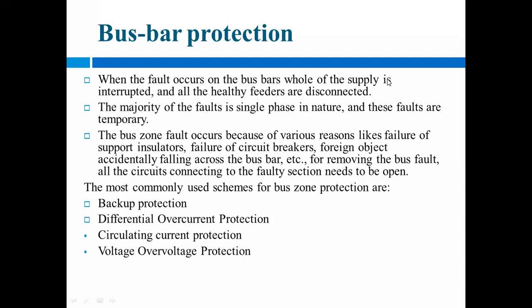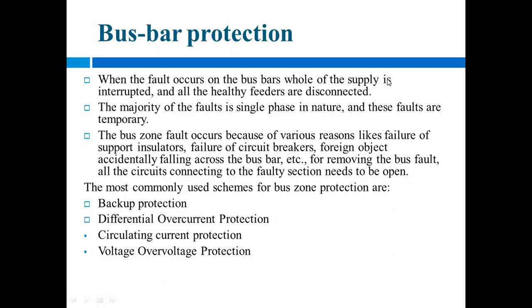Different types of feeders are there; we have seen the ring main system, radial system, and interconnected system. So if the fault is occurring in the bus bar, then the supply of the complete feeders will be disconnected.